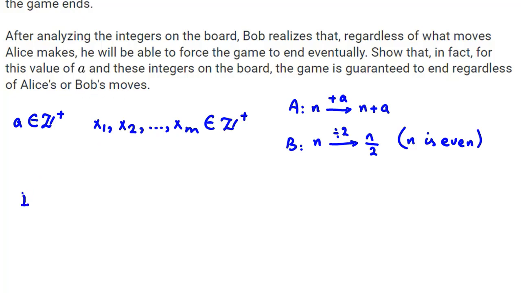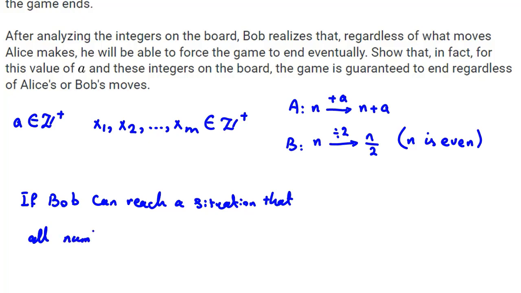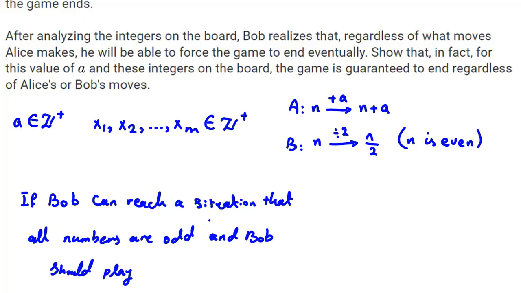It means what? If Bob can reach a situation where all numbers are odd and it's Bob's turn and Bob should play, it means the game has finished.